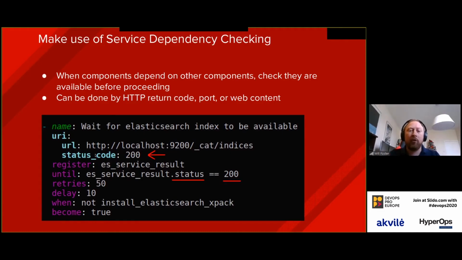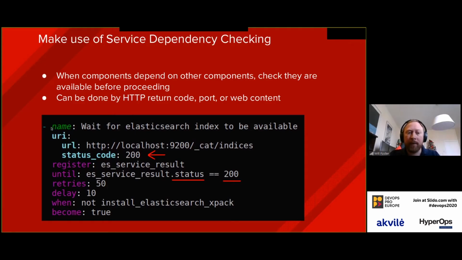So if you were to curl localhost port 9200 _cat/indices, and it's actually up and running, you'll get a 200 return code back. If you don't, then Elasticsearch isn't available and nothing else you're going to do is going to work because it all depends on Elasticsearch.